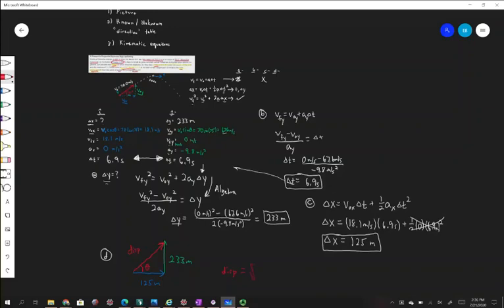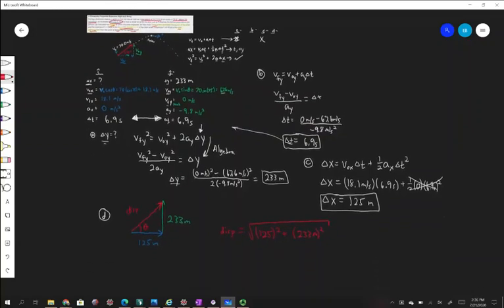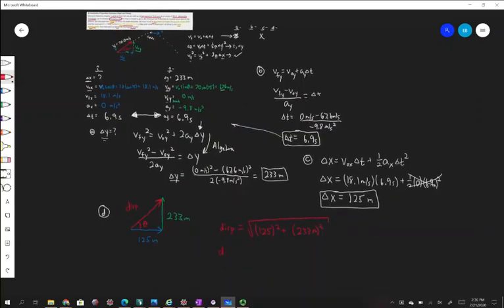Displacement equals the square root of the sum of the squares. So 125 quantity squared plus 233 quantity squared, square root. Do that calculation and you'll find your displacement is equal to 264 meters.